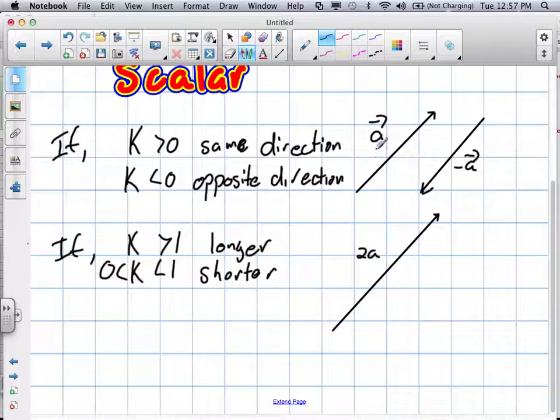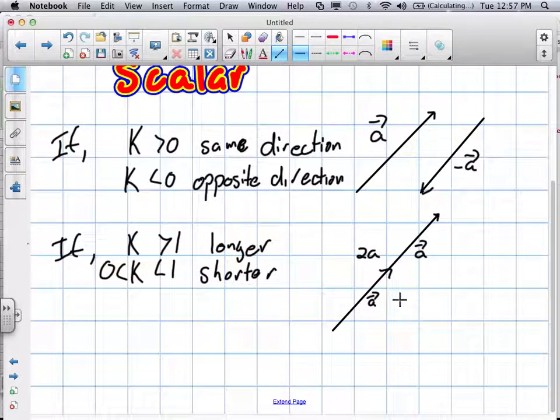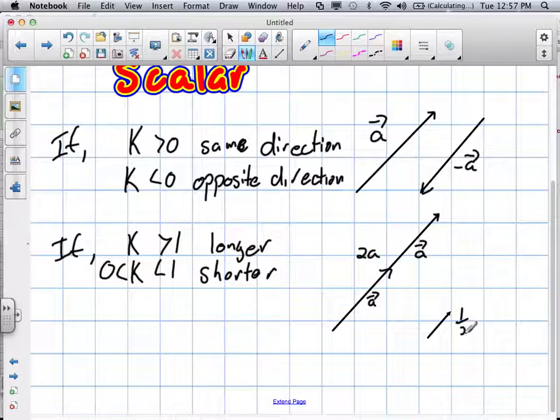So it's roughly twice as large as the first one. We'll say that this is a vector A and that's a vector A. So 2A is essentially twice as long as vector A was in the first place. And let's say we had, I'll do my best to make this a half. This would be indicative of half of vector A. In other words, it's half as long as the original vector, which is vector A.